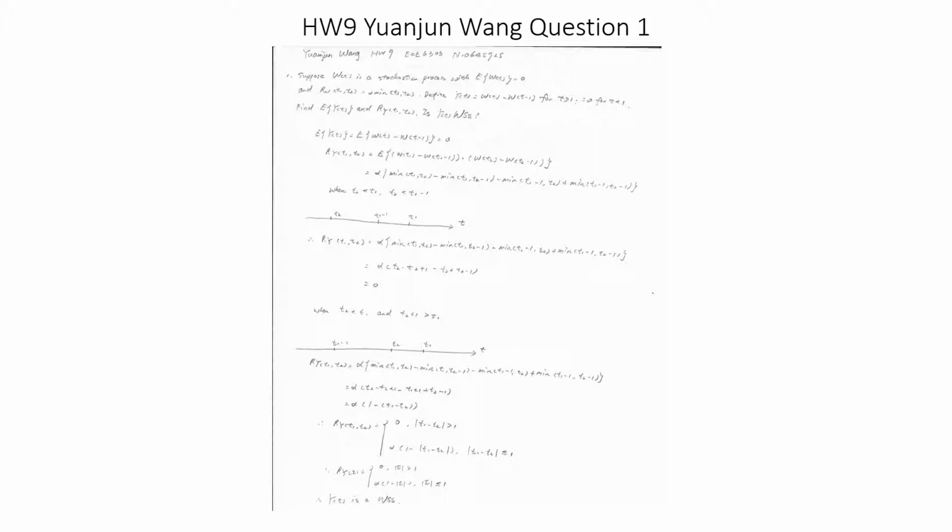So R_Y(tau) is equal to 0 when the absolute value of tau is bigger than 1, and equal to alpha times (1 minus the absolute value of tau) when the absolute value of tau is smaller than 1. We can see from here that Y(t) is WSS.